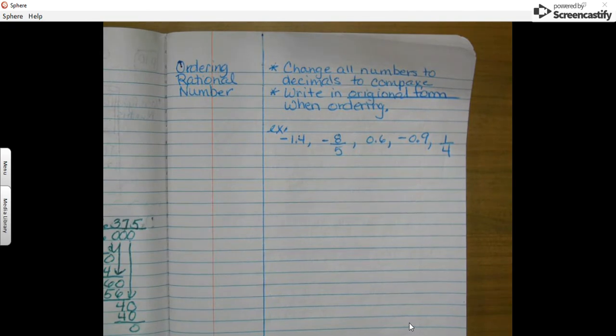Okay, 3 of those numbers are already in decimal form. So there's only 2 I have to convert. I have to convert the negative 8/5 and the 1/4.